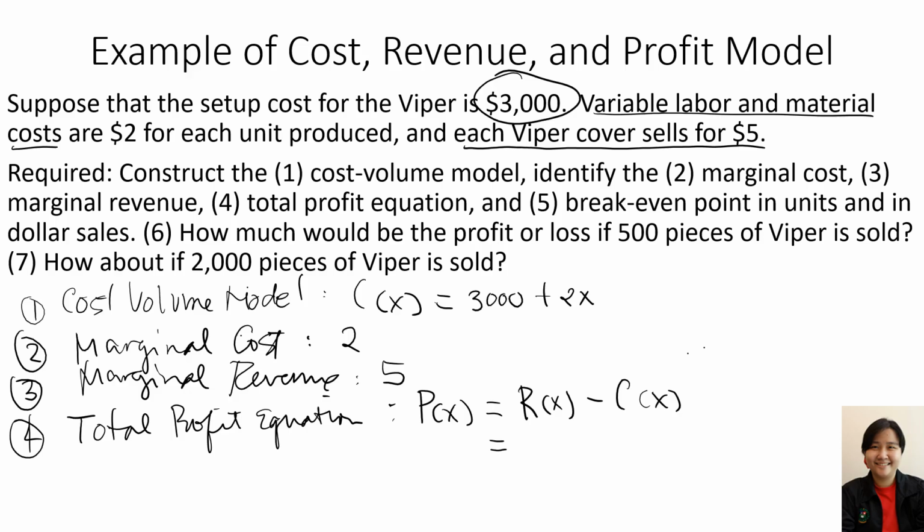Our marginal revenue is 5, so 5 times the number of units minus, we just substitute our answer to the first requirement, 3,000 plus 2x. So to recap, for the first 4 requirements, the cost volume model is CX equals 3,000 plus 2x. The marginal cost is 2. The marginal revenue is 5. And the total profit equation is PX equals 5x minus (3,000 plus 2x).